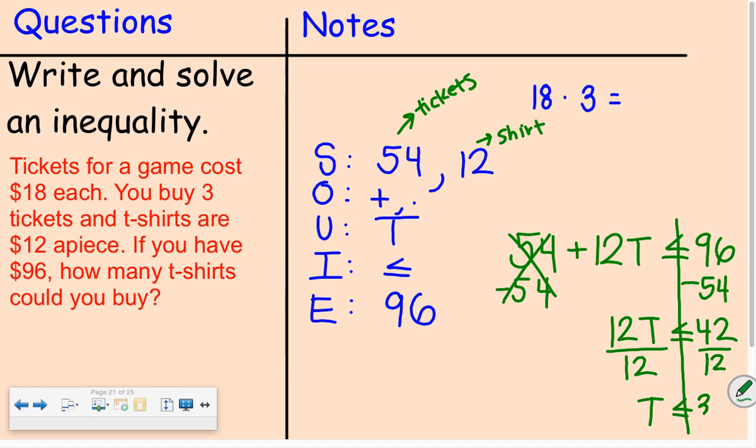Now if I think about that logically, I don't want to buy half of a t-shirt. I don't want 3.5 t-shirts. That's not going to do me any good. So, do I have enough money to round up to 4 t-shirts? No, that would be more than $96. So I can buy 3 or fewer t-shirts.